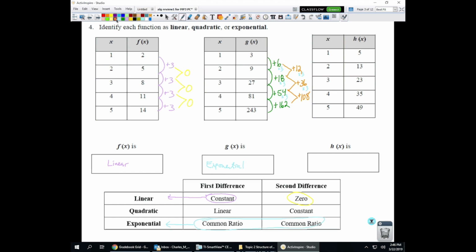In table H, we see the first difference from 5 to 13 is an increase of 8, then we increase 10, then 12, then finally 14. So that is a linear pattern as first differences. I'm already convinced this one is quadratic.